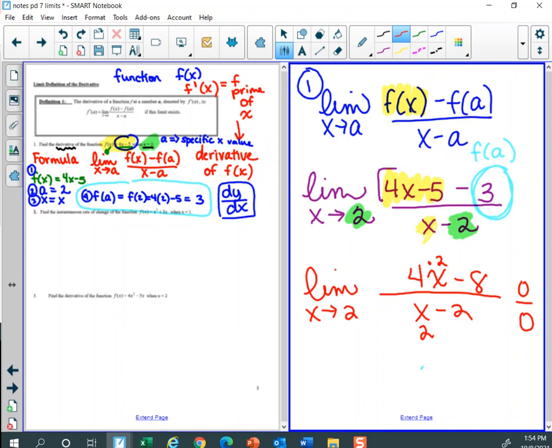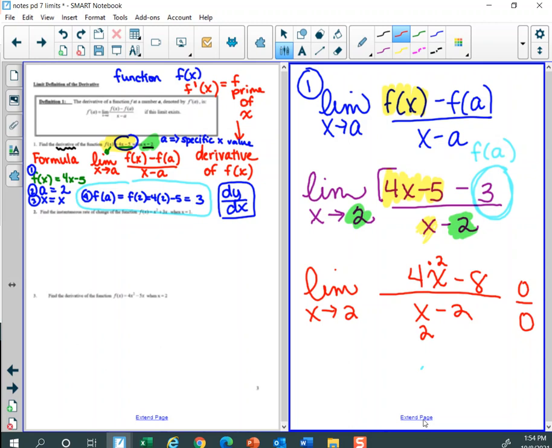And that's what happens every single time we do this kind of limit. The limit definition of the derivative is a 0 over 0 limit every single time. Which is why I had to teach you how to do 0 over 0 limits before we did this.